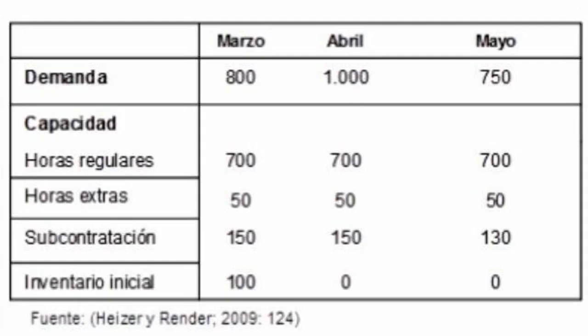As an example, let's look at the following case in which the supply is made up of the available inventory and the units produced in normal working hours, overtime, and through subcontracting. In the image, we present the data related to demand, capacity, and cost in one of the manufacturing plants of the Good Tire Company.